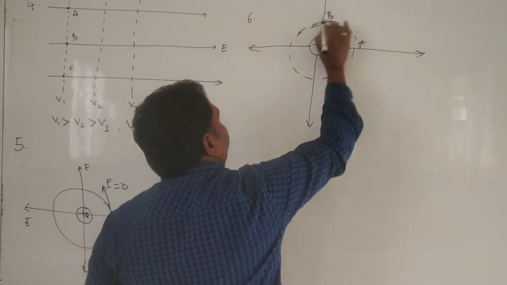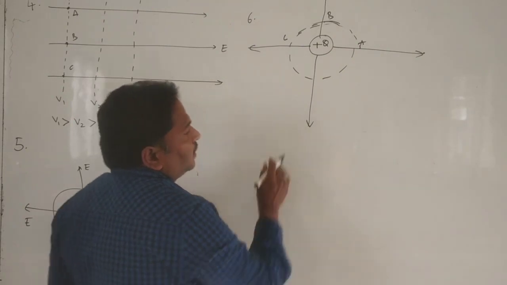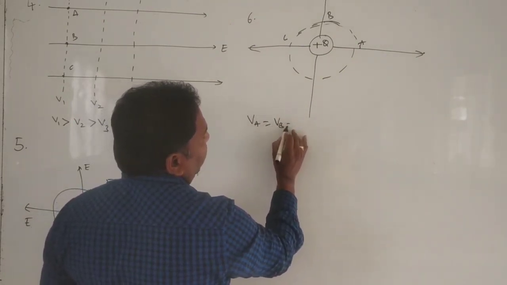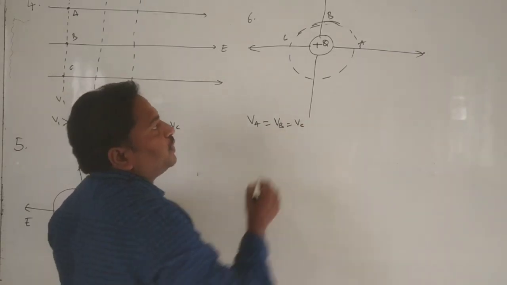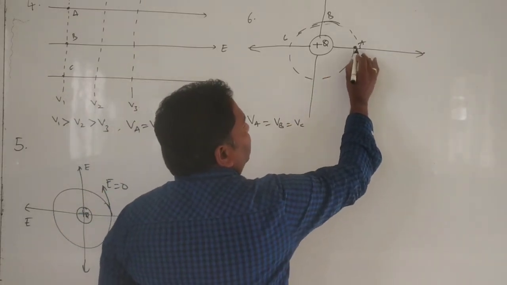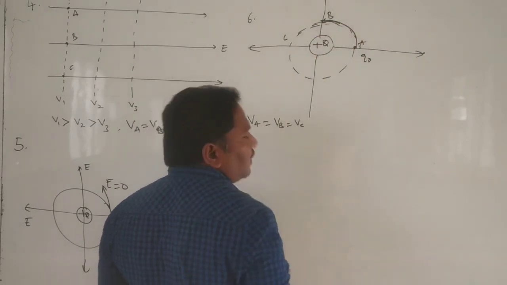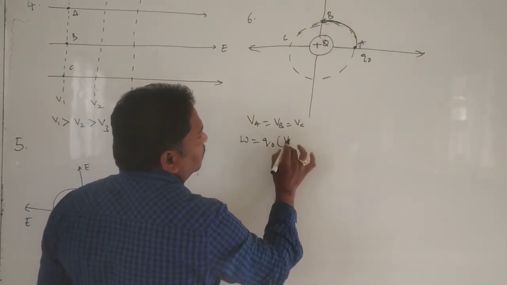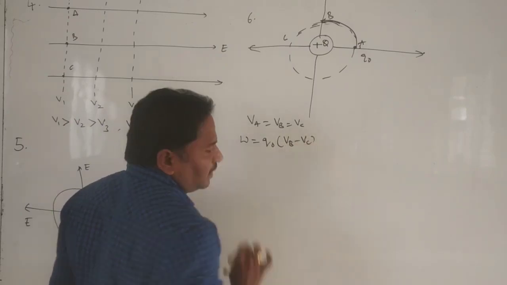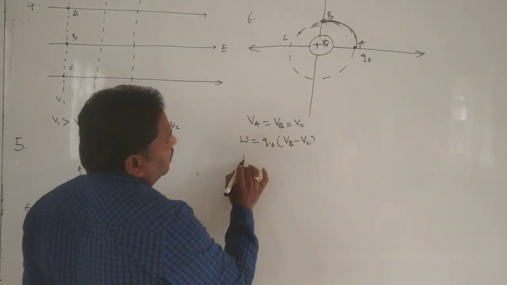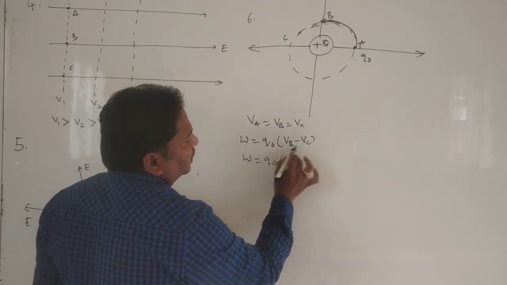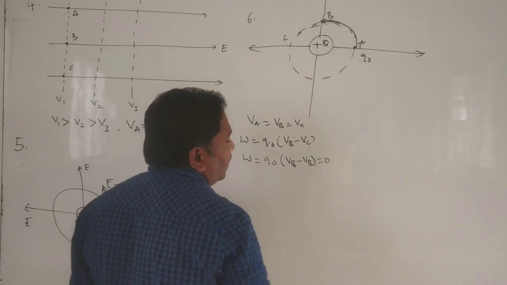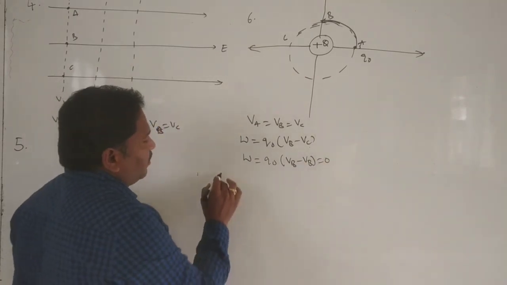Point A, point B, point C have the same potentials VA, VB and VC. Suppose we are moving a test charge Q0 from A to B. How much is the work done? W is equal to Q0 into (VB minus VA). Both are the same potential, so W is equal to Q0 into (VB minus VB), which is equal to 0. Work done is 0.